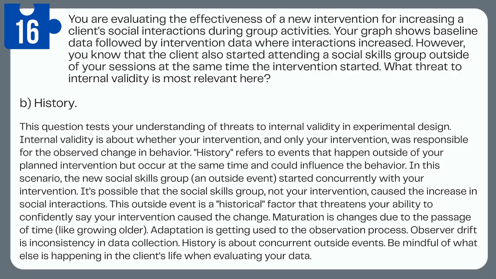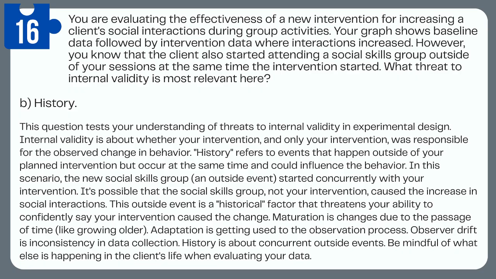Answer B, history. This question tests your understanding of threats to internal validity in experimental design. Internal validity is about whether your intervention, and only your intervention, was responsible for the observed change in behavior. History refers to events that happen outside of your planned intervention, but occur at the same time and could influence the behavior.